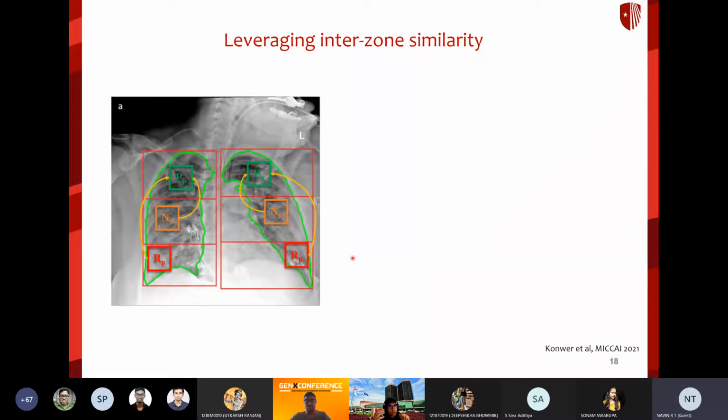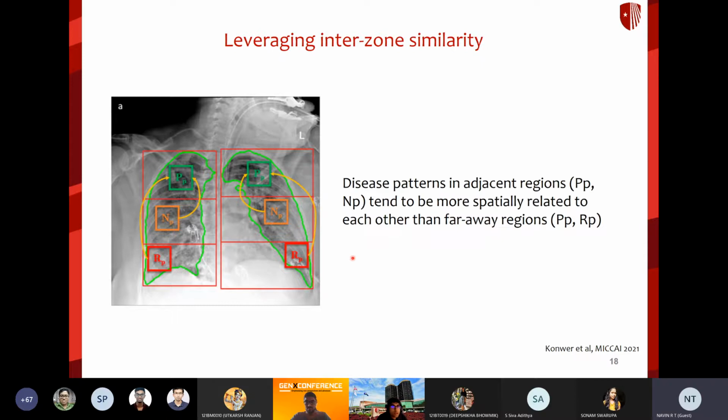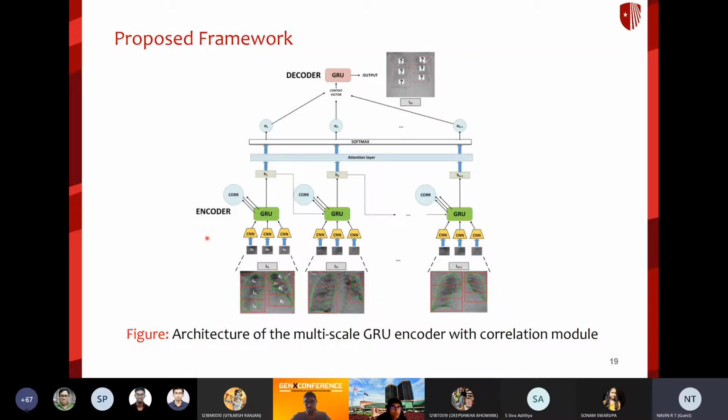Now, this helped us design our system to better incorporate this domain knowledge and better predict how the progression would look like n days from now. So what we did was we introduced this correlation module in our network.